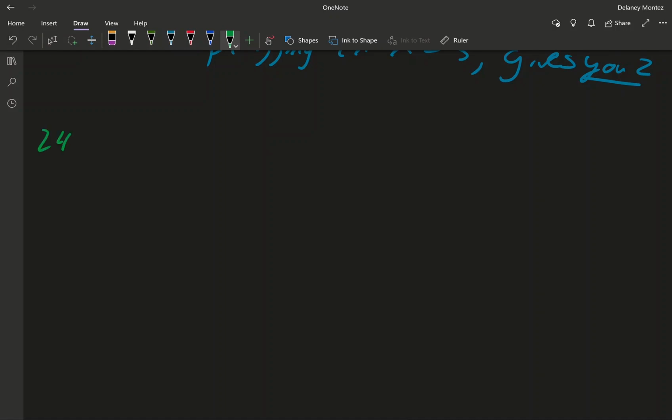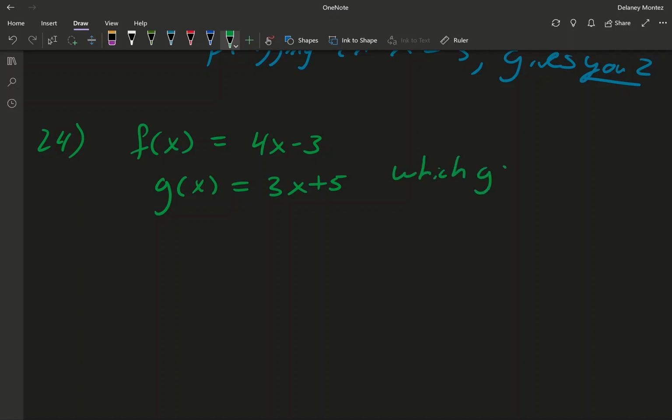Let's look at 24. 24 says f of x equals 4x minus 3, g of x equals 3x plus 5. Find which x value makes g of x equal f of 8.